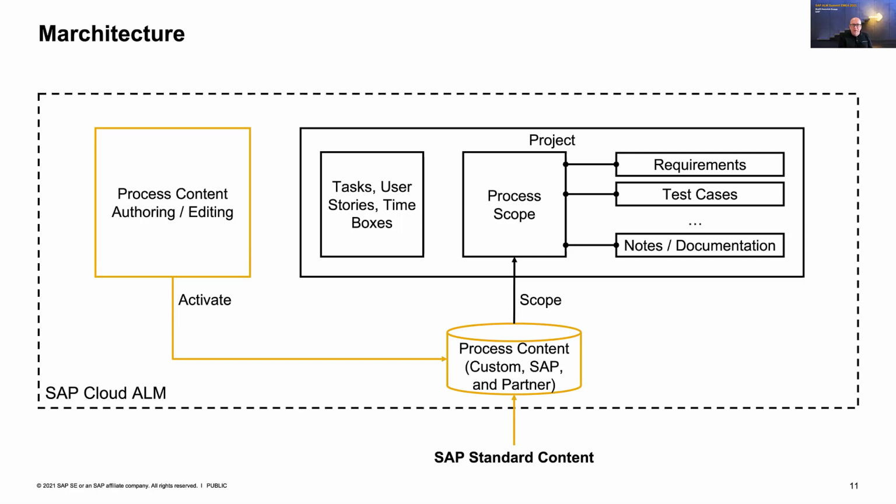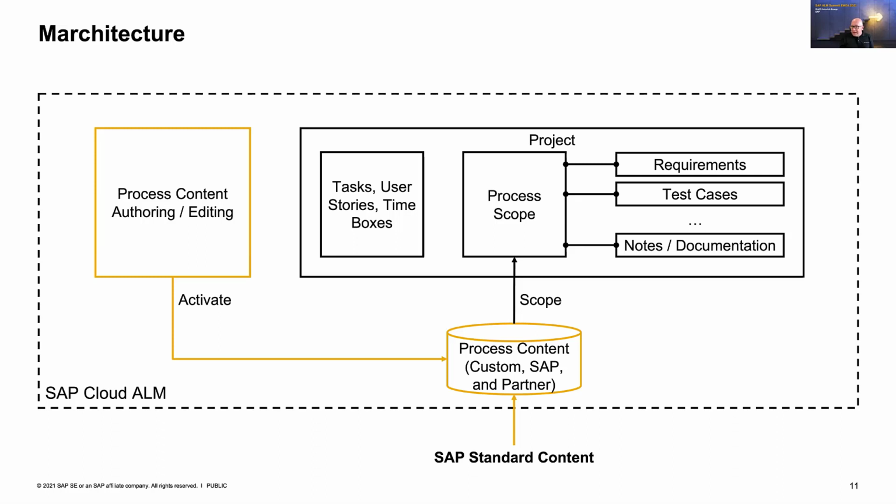The process content on the left-hand side, where you have the authoring and the editing, is where you define your custom processes. And the nice thing about the modeling environment that we have here in Cloud ALM is that you can define your custom processes, and then, with that orange line labeled activate, you can activate those processes into the central process repository.